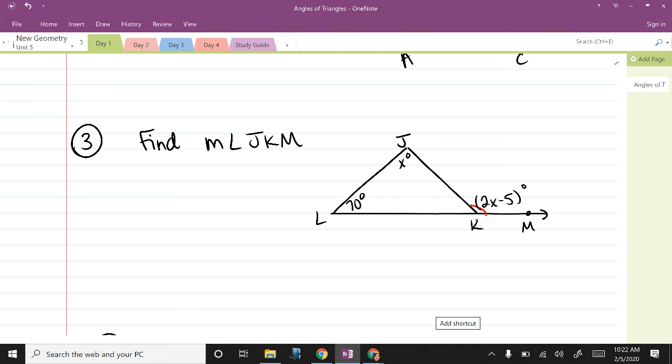Well, I can use the exterior angle theorem, right? So you use the two angles that are not touching that angle and add them together and set them equal to the exterior angle. So I can say X plus 70 equals the exterior angle, which is 2X minus 5. You add together the two non-adjacent angles and set it equal to the exterior angle.